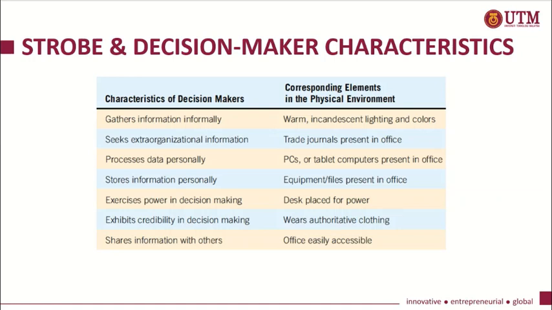Through the use of STROBE, the system analyst can gain a better understanding of how managers gather, process, store, and use information. A summary of the characteristics exhibited by decision makers and the corresponding observable element is shown in the slide.